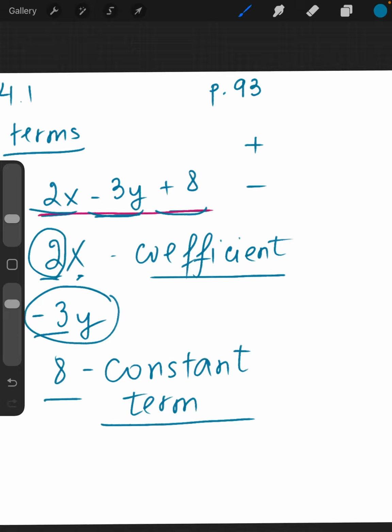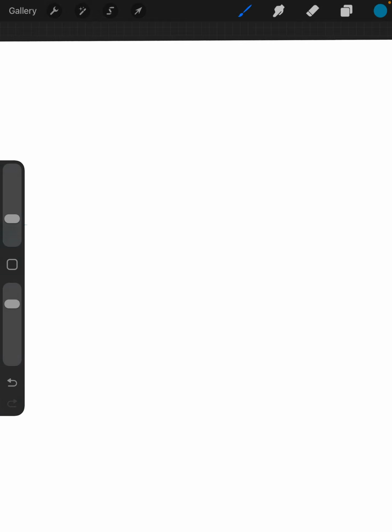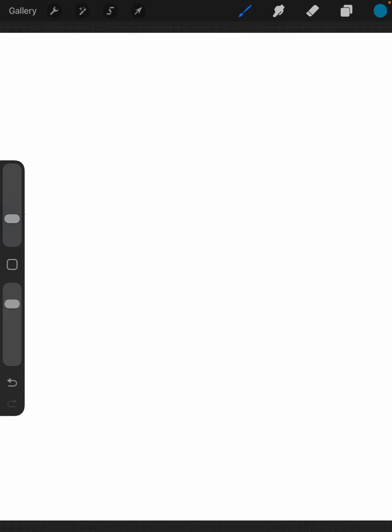All right. So next, we're going to explore like and unlike terms. At the very bottom of page 93, you see this sorting activity.